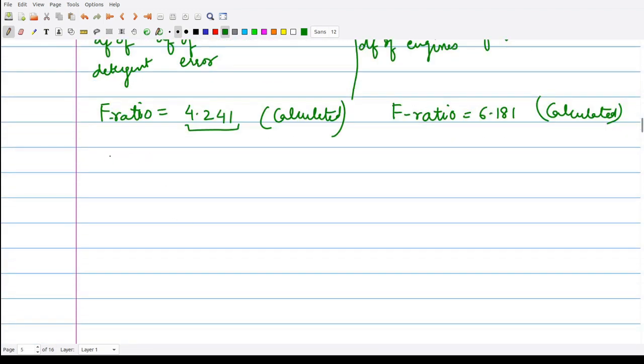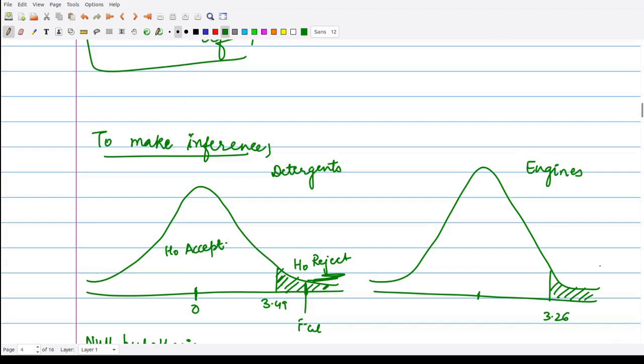So in this case, we will reject H naught because our F ratio is greater than F 3,12. And in the other case, your value is 6.181, which again lies somewhere here, right?